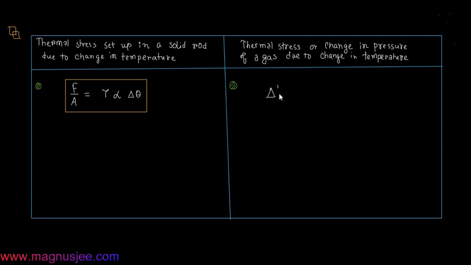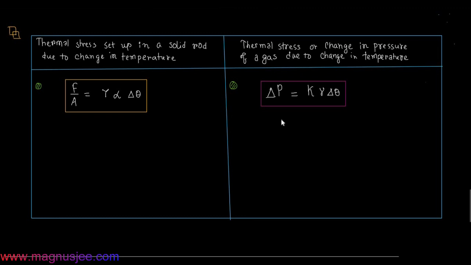Change in pressure is delta P, which will be equal to the product of bulk modulus K, gamma and delta theta. Delta P is equal to K gamma delta theta, which is the expression of change in pressure of a gas due to change in temperature.